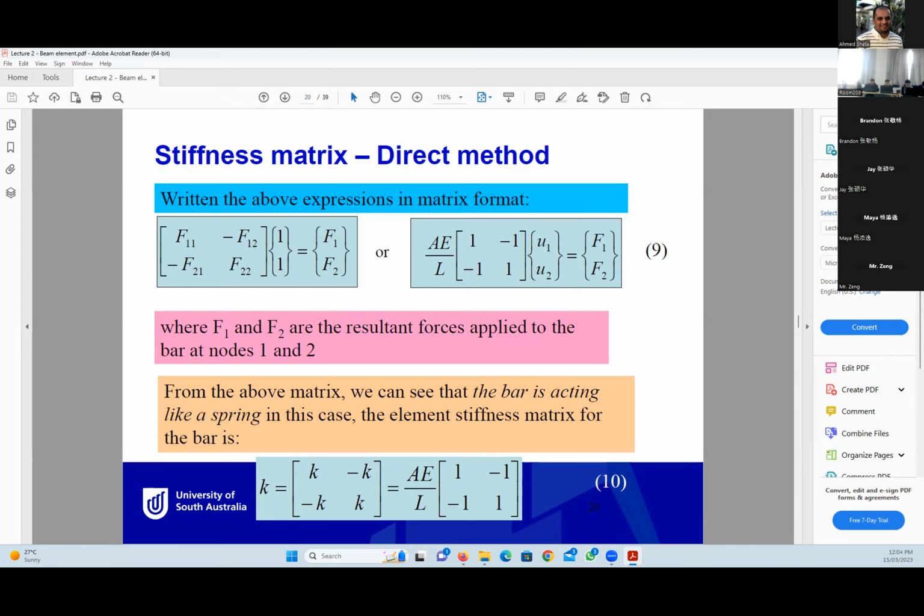So maybe we take a rest for 10 minutes and we meet again at 12:15 Adelaide time.